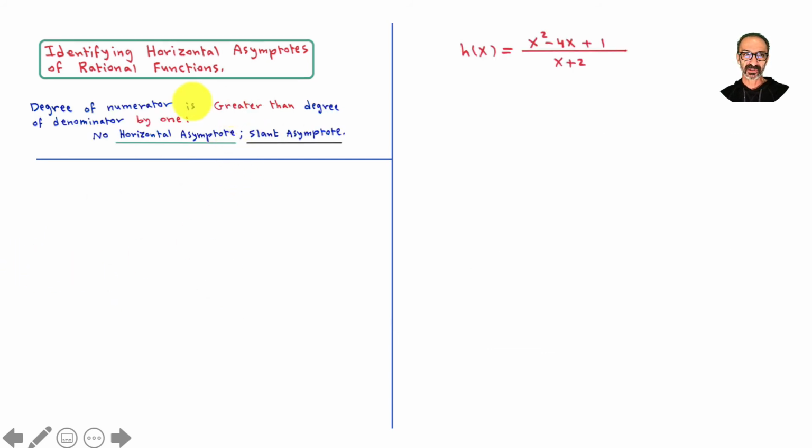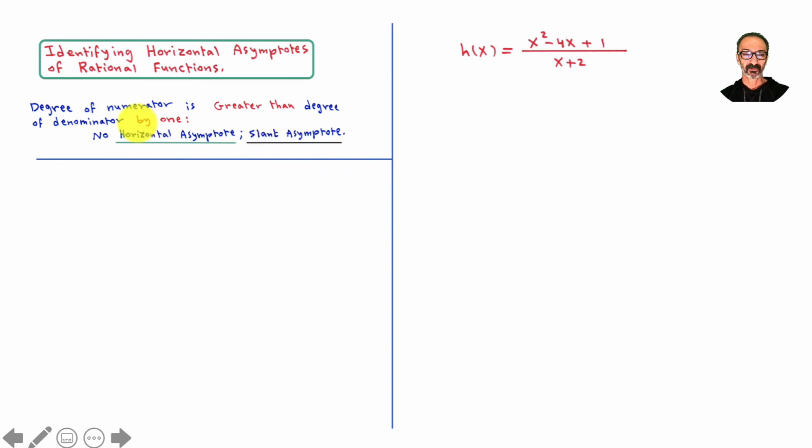The second case is where the numerator is greater than the denominator. Think about the common sense one more time. The numerator is bigger. The top part is bigger. What does it say here? No horizontal asymptote. Of course, because you're going to take off.